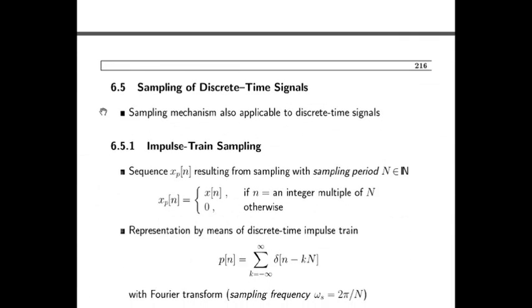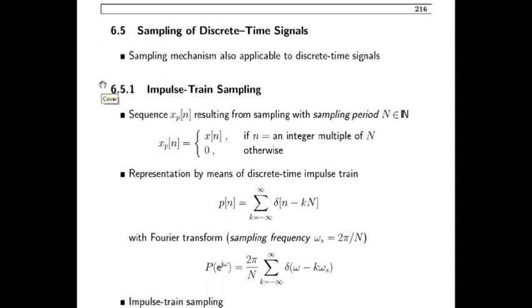So now let's see the sampling of discrete time signals. The sampling mechanism can also be applied to discrete time signals. The first thing is impulse train sampling in the discrete time signal. I have x_p[n] as my sampled signal, which will be equal to x[n] if n is an integer multiple of N, where capital N is the sampling period, which belongs to natural numbers, and it is 0 otherwise.